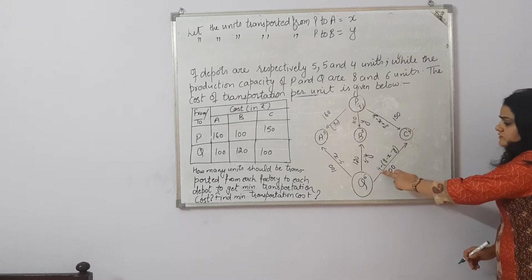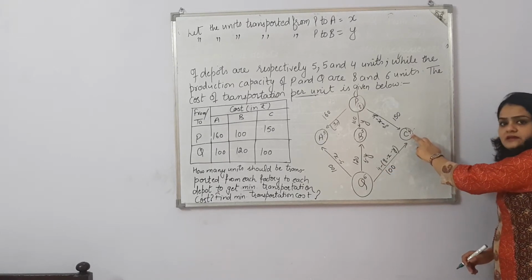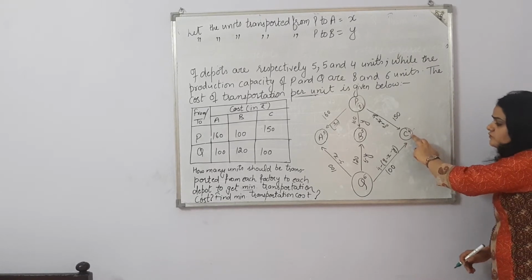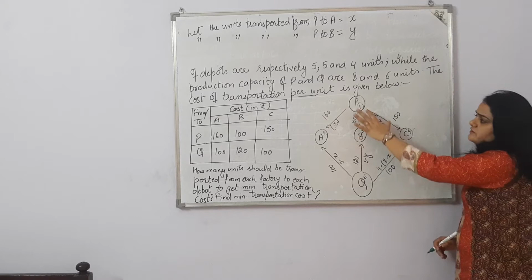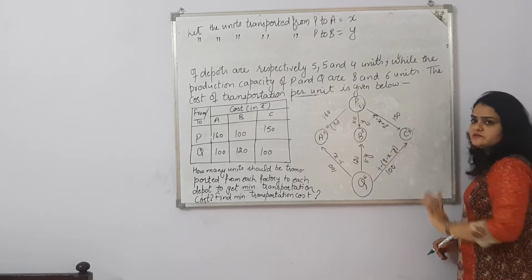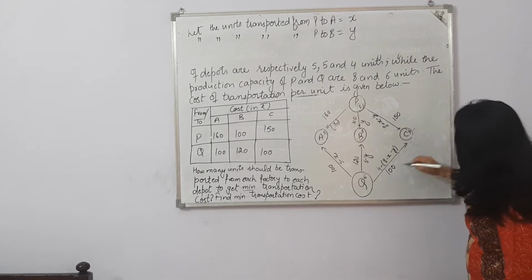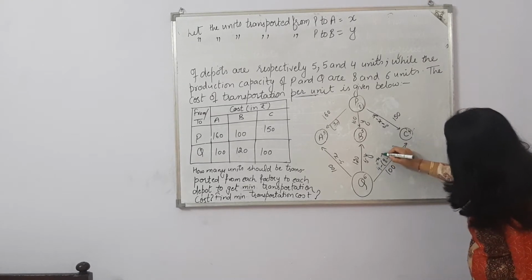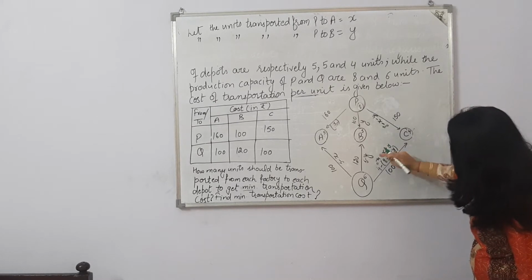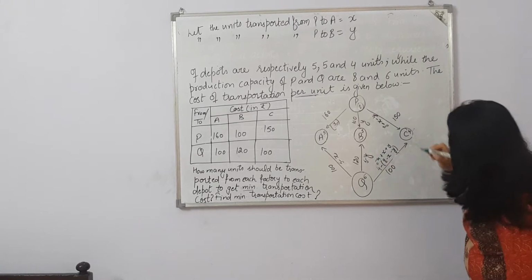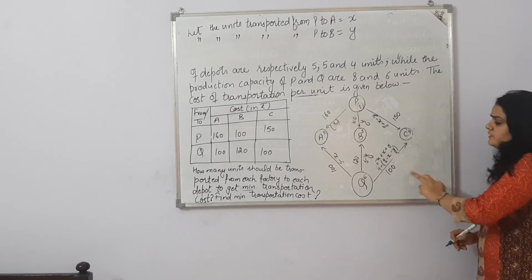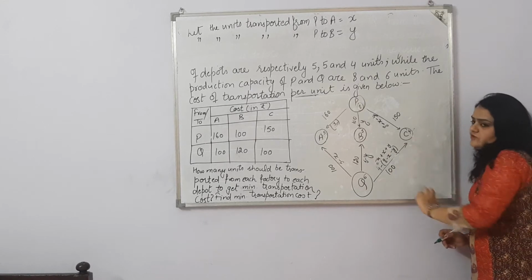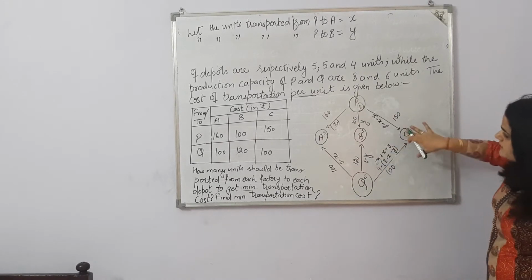That means the total quantity he can keep in C depot is 4 units, so 4 minus the quantity he received from P. Now 4 minus this becomes minus 4 plus x plus y. That means this is the quantity that C is receiving from Q.